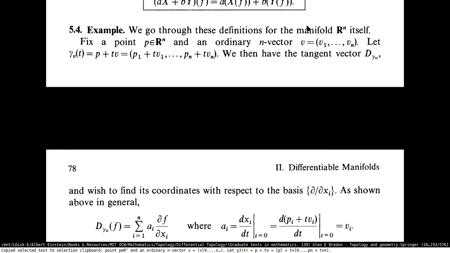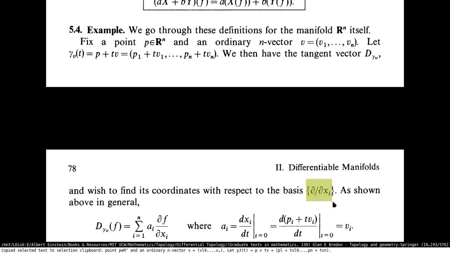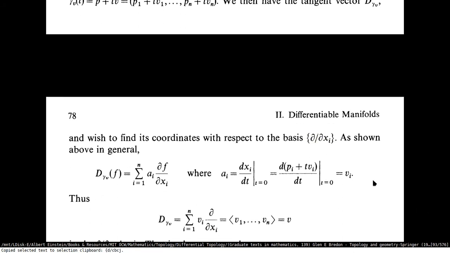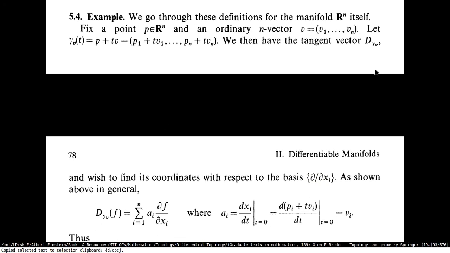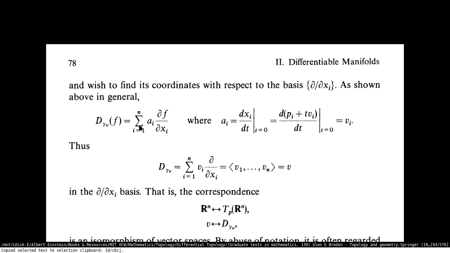So if you have a tangent vector, then you want to find its coordinates with respect to the basis, right? What you do is apply this tangent vector to this function f, and you get these.